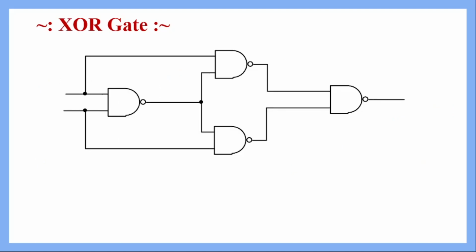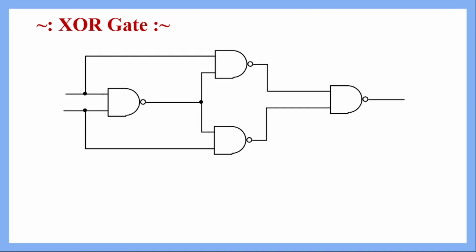Next we will implement the XOR gate by using NAND gates, and this is the circuit diagram. Here we have implemented the XOR gate by using four two-input NAND gates. We can implement it in other ways also, but our aim will always be to use the minimum number of gates.